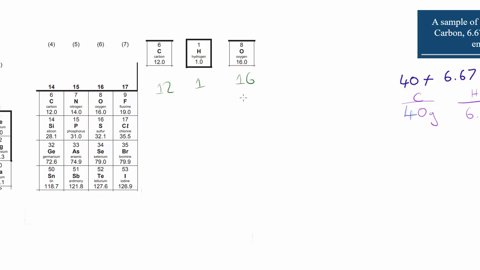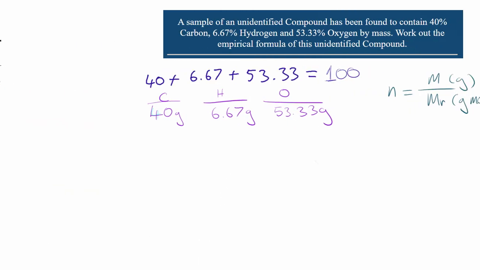So when we're looking at the moles, n, we're looking at 40 divided by 12 for carbon, 6.67 divided by 1 for hydrogen, and 53.33 divided by 16 for oxygen.